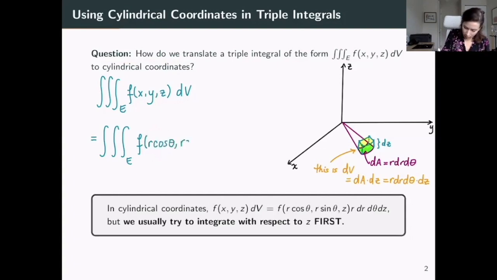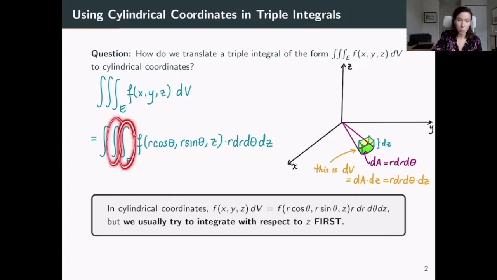We're going to get r sine theta for our y. We'll have z for z. We're not changing that, but we are going to have to multiply by r dr d theta, and then finally dz. This order can change depending on which order of integration you want to use.